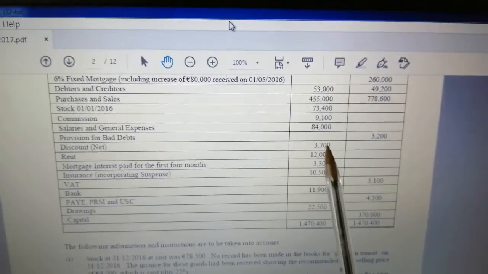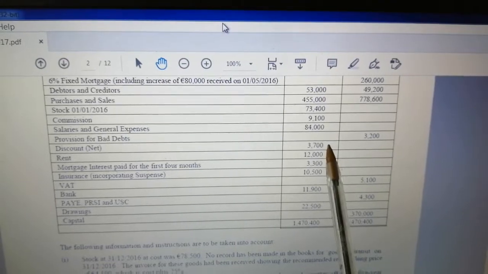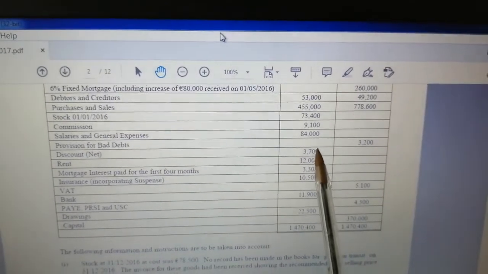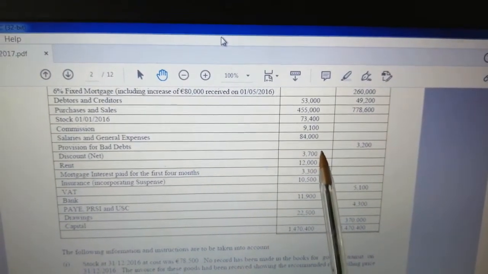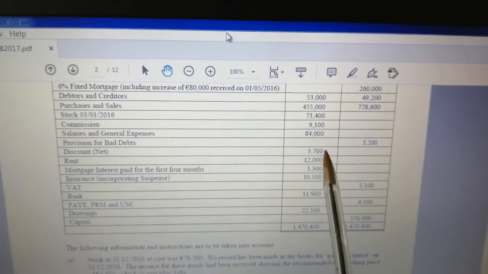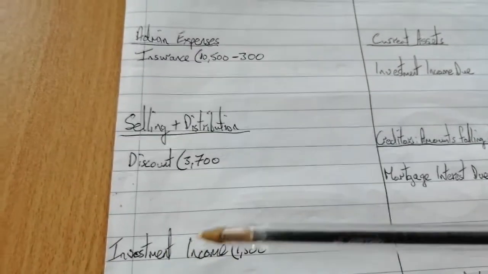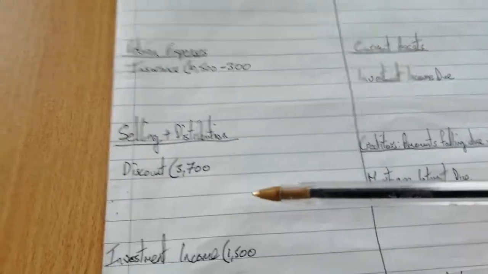But when it's on the debit side here, you can regard it as a discount allowed, or that the difference between the discount allowed and the discount received was 3,700, that the discounts allowed were 3,700 more than the discount received. So that's why this figure, in the first place, we had to put it in with the expenses instead of down here somewhere in the other operating income with the gains. So it's an expense this time round.